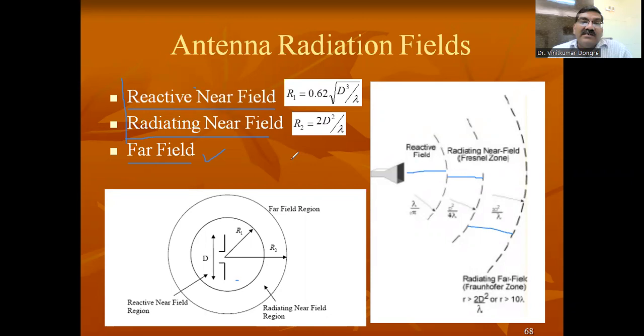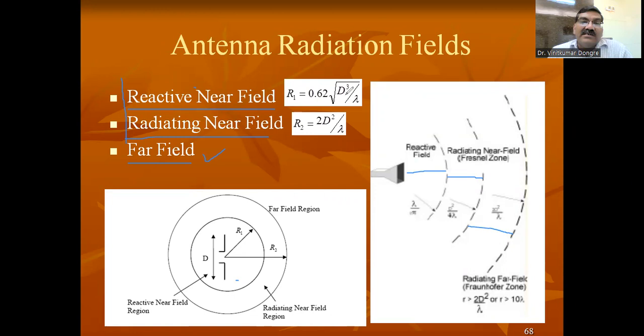If you take a dipole antenna with a dimension of, say, 10 centimeter, and you are operating at some frequency, you take the appropriate lambda. So 10 square will be 100 and 10 cube will be 1000.